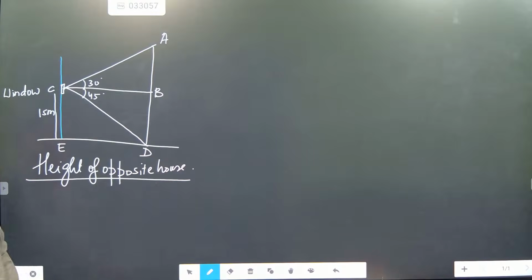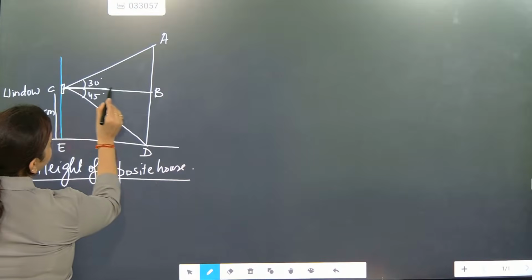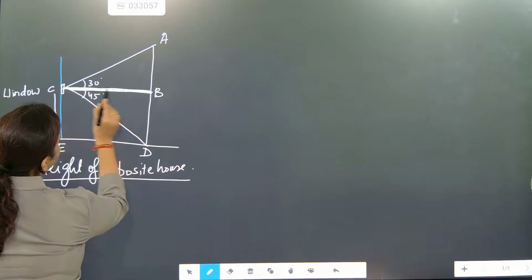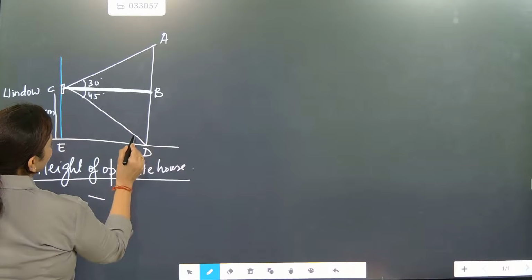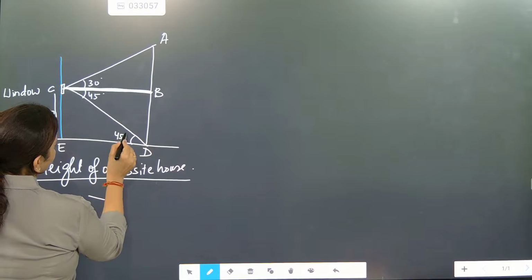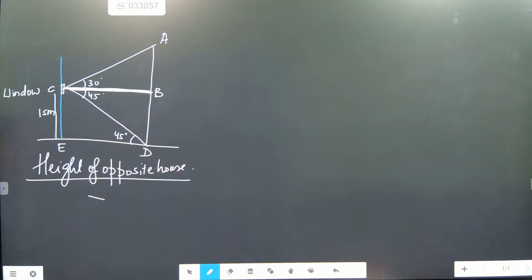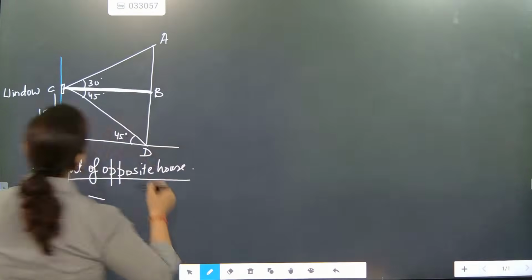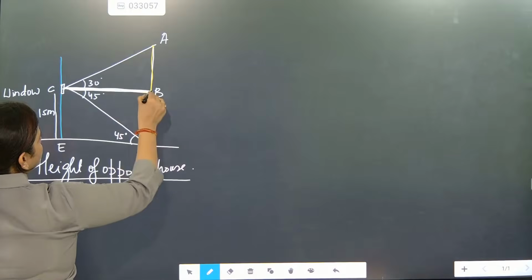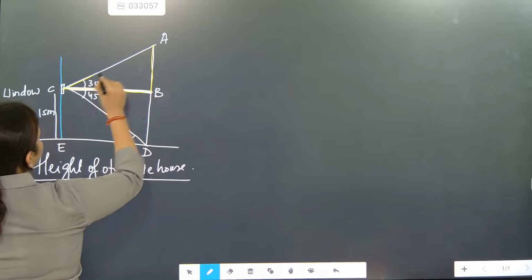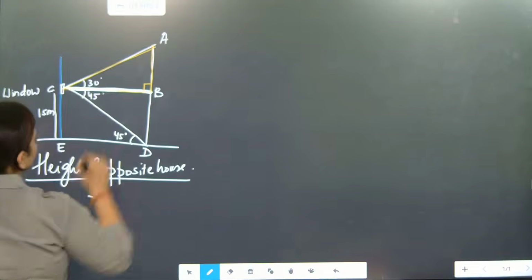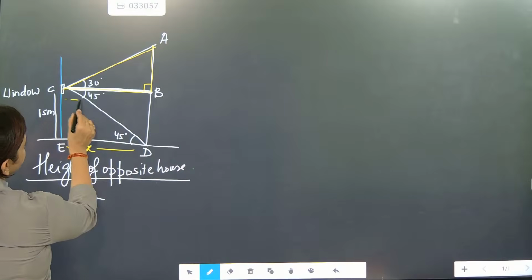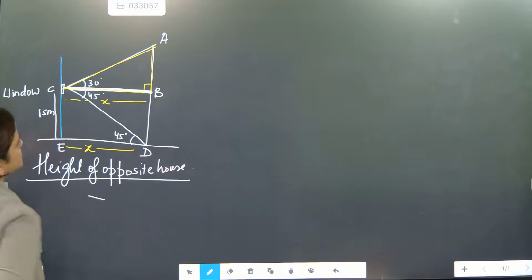Our main focus should be on this, because this is exactly the line of sight, and this only is differentiating. This is the elevation angle. This will become the depression angle. First, this triangle. This distance we are going to take as x, so this one will also become x.